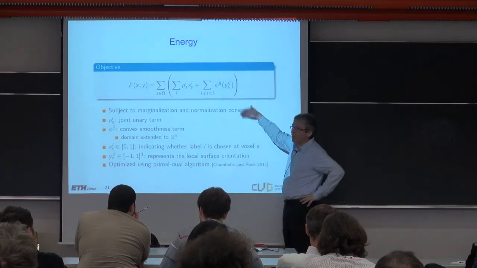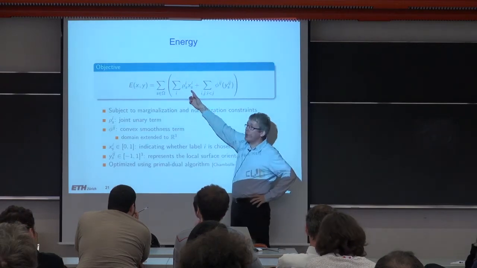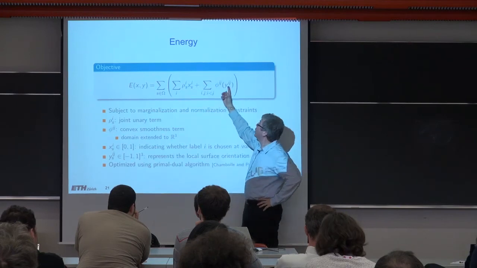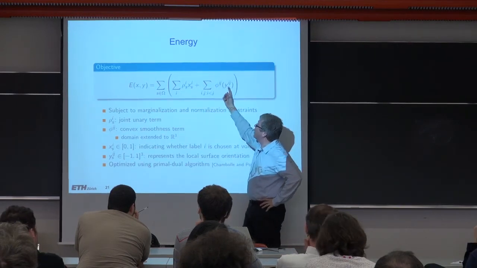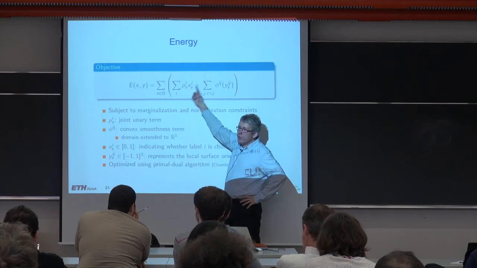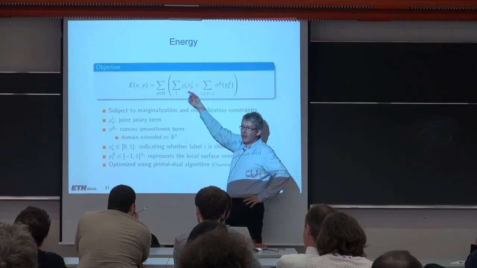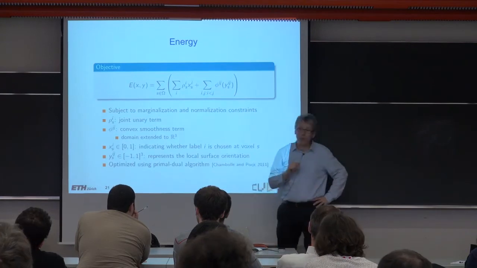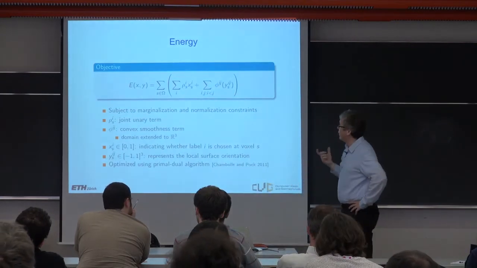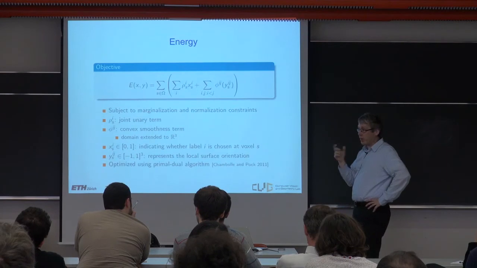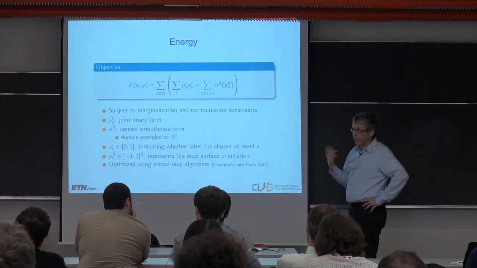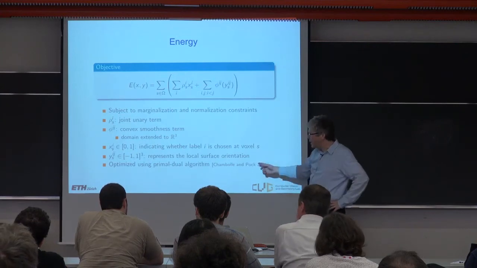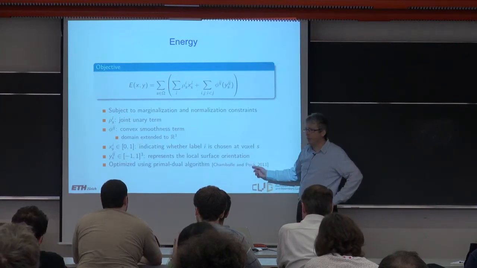And then, of course, we have a few additional dual variables that allow us to express the constraints: that the sum should be 1, and the fact that there's full consistency between the gradient and the volume itself. Of course, these are just the gradients of this volume, so there's full consistency. Those are all expressed through these additional dual constraints. Okay. And then it's optimized using a primal dual algorithm.